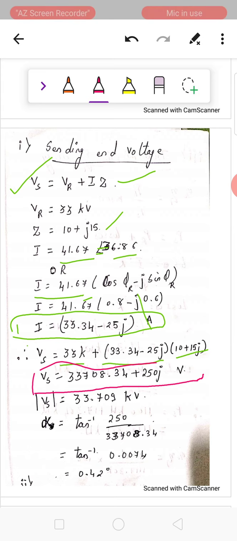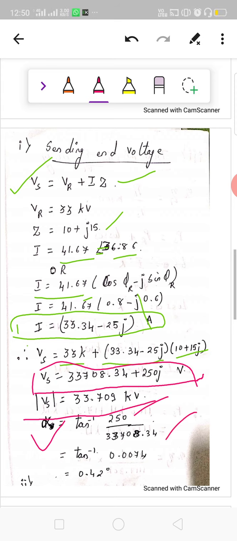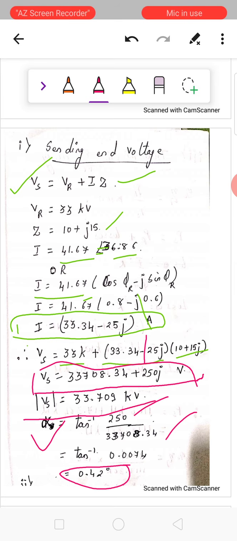If you concentrate on this, it is in A plus jB form. To find the magnitude, I take the square root of A squared plus B squared, and to find the phase angle, I take tan inverse of B by A. So Vs I found using the formula square root of A squared plus B squared, and alpha is tan inverse of B by A. This is the alpha, which I get as 0.42.